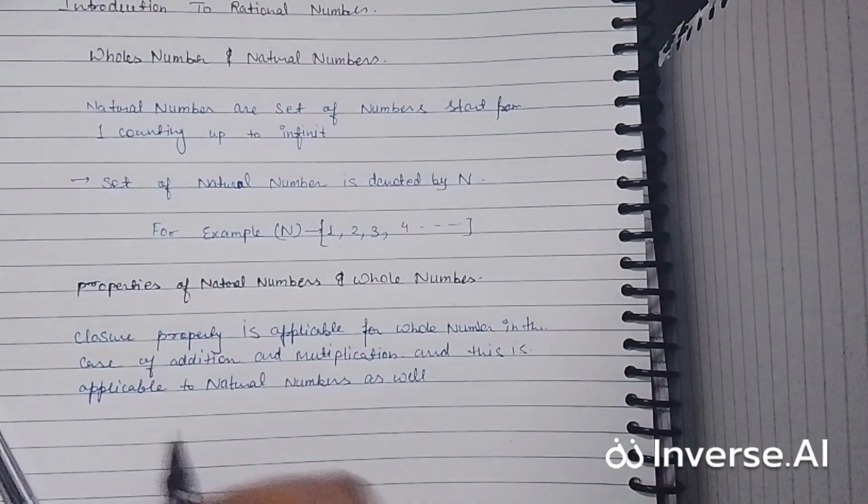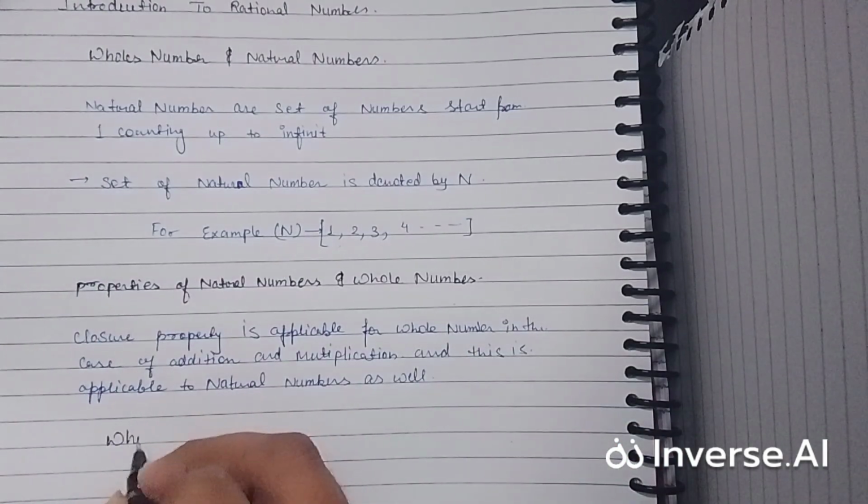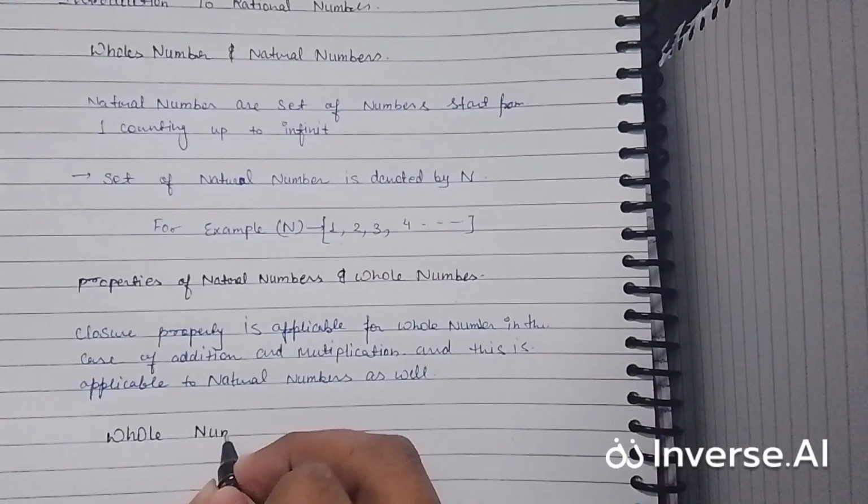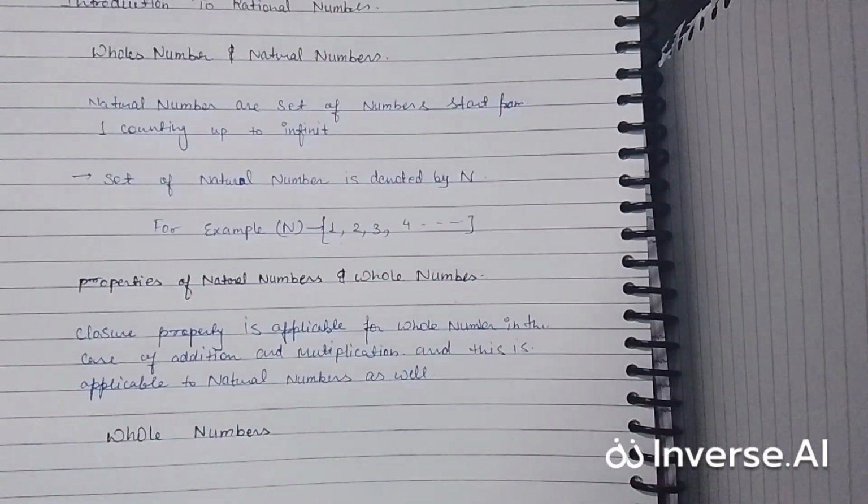Now we will learn what is a whole number. Whole numbers are the set of numbers starting from 0 and going up to infinity.